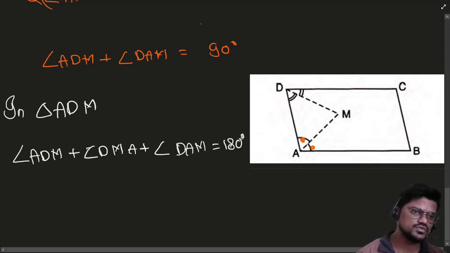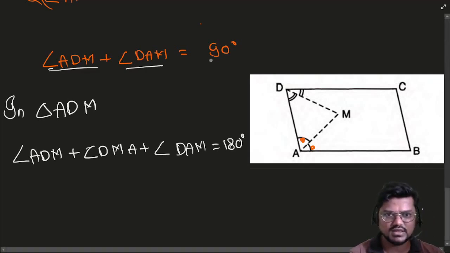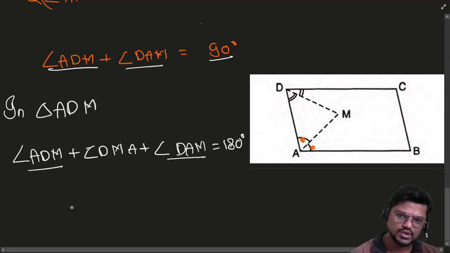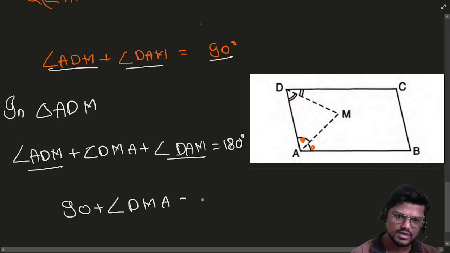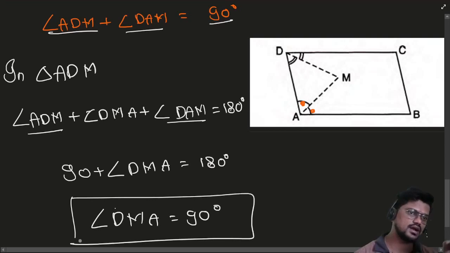Sum of interior angles of a triangle is always 180 degree. But ADM plus DAM is 90. So 90 plus angle DMA equals 180 degree. Therefore, angle DMA is 90 degree, and over here it is proved that angle DMA will be 90 degree. Understood this?